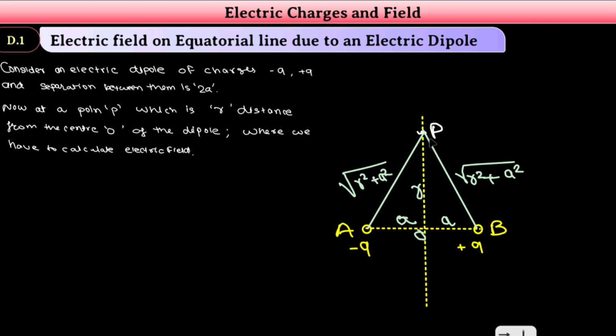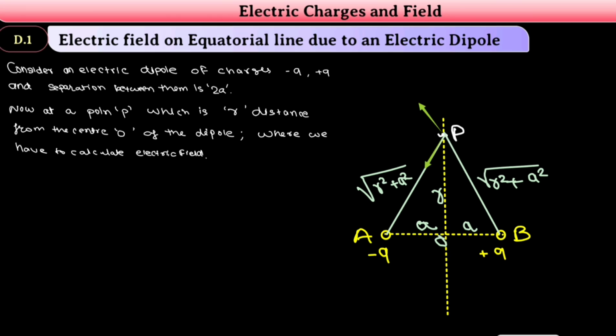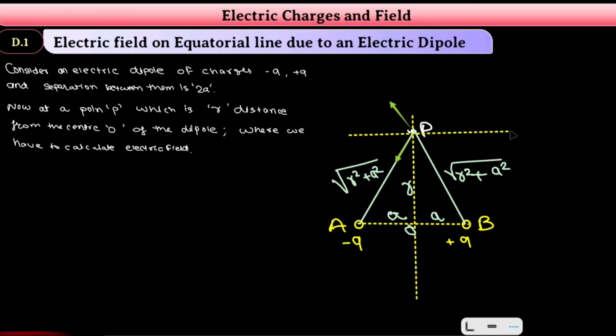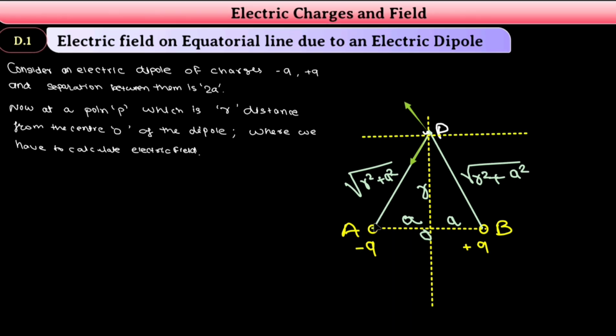Now if you look at the point P, electric field due to negative charge will be in this direction, and electric field due to positive charge will be in this direction, away from the center. So net electric field will be the sum of these two vectors. Now if we draw a parallel line, distance from A to P and B to P are equal.